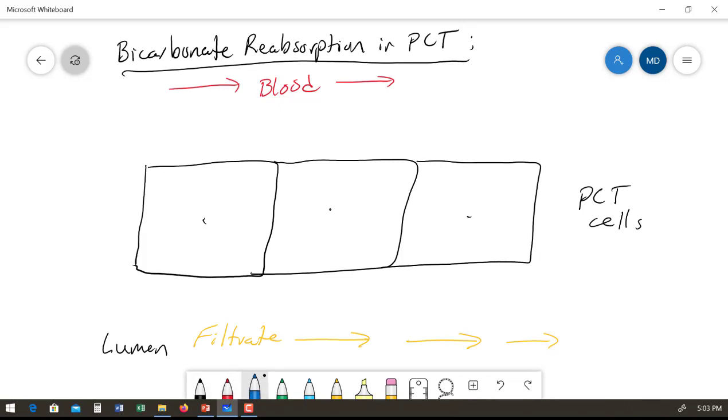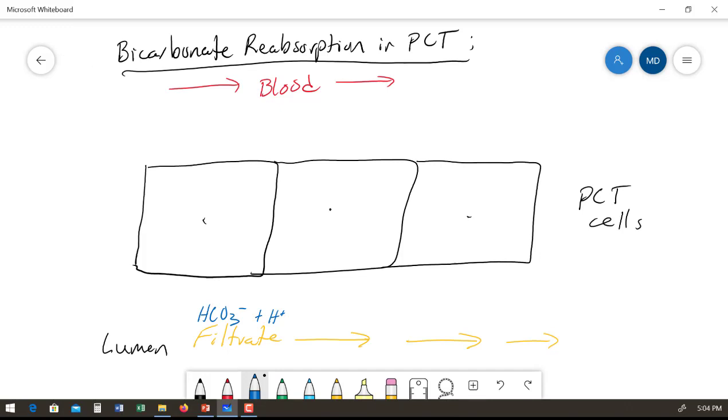Okay, within the filtrate we have bicarbonate. So we're going to have HCO3 minus here, and we want to recover that into our blood because that's valuable. We also have in the filtrate a bunch of hydrogen as well. And this bicarbonate and this hydrogen will combine with each other in just a moment.